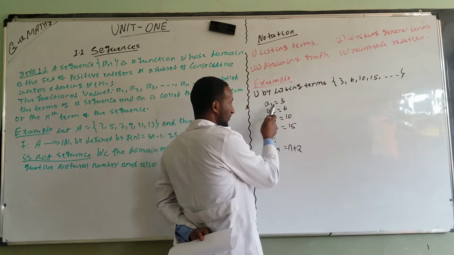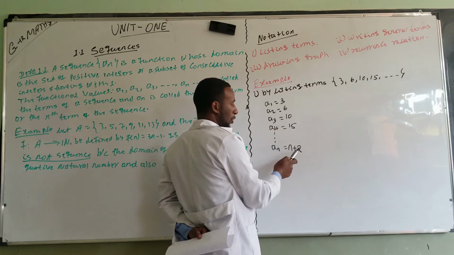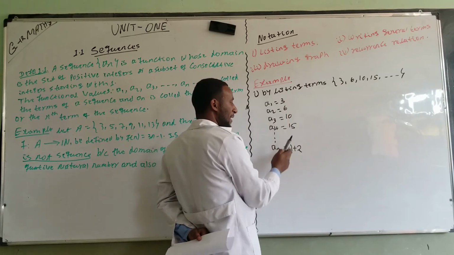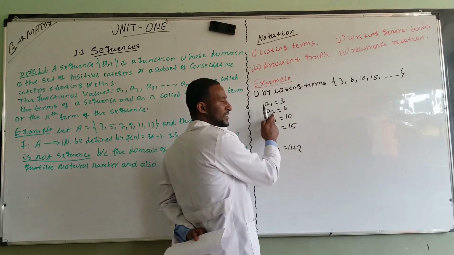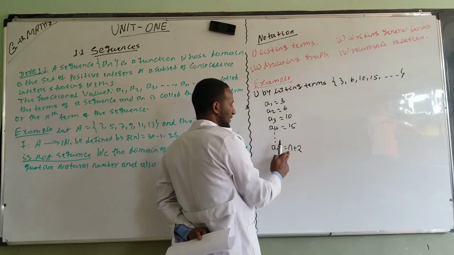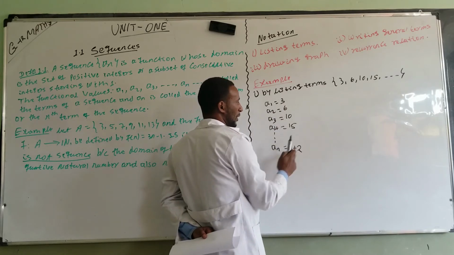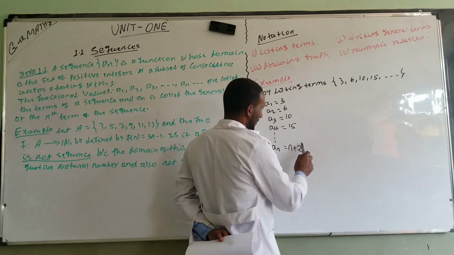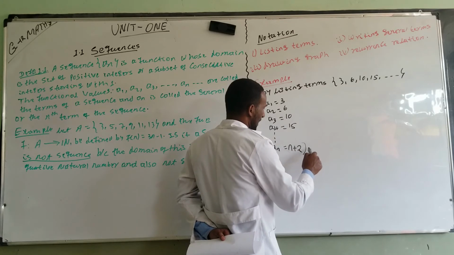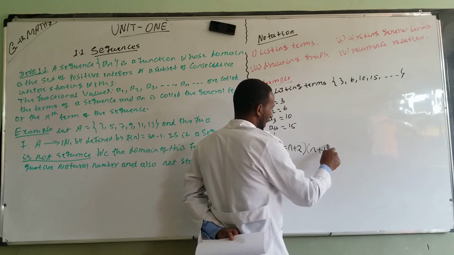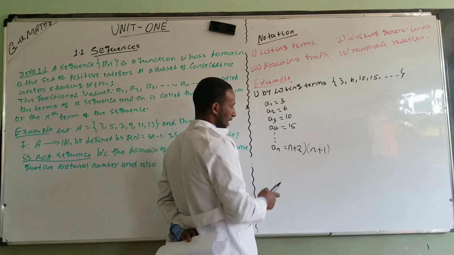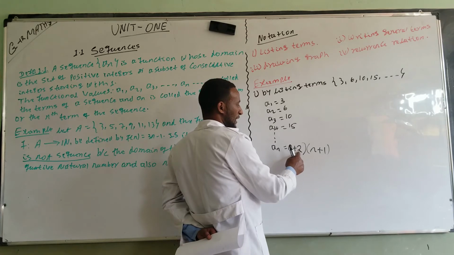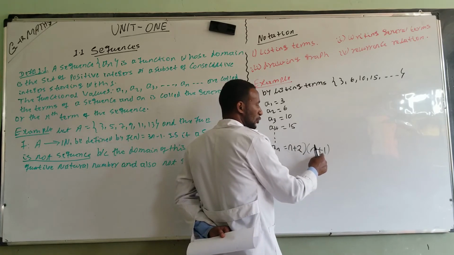To get the first term, n plus 2: when we substitute 1 in place of n, 1 plus 2 is equal to 3. But for the second term, 2 in place of n, 2 plus 2 is equal to 4. Therefore, let us multiply this by n plus 1.